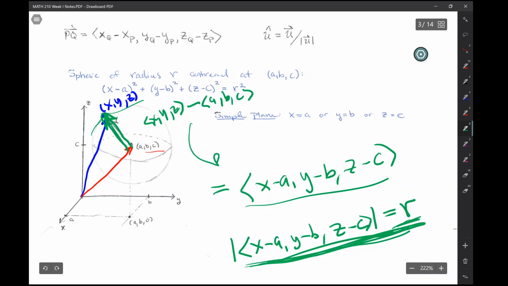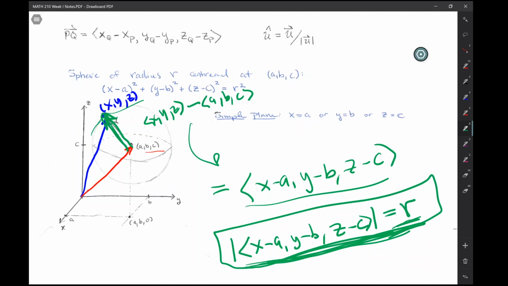So this equation here is what gives us the sphere. And this equation here is just what you see above here, but square rooted. Okay? So that's that equation there. You would get it by just square rooting the above, and there's no need to take the positive root of both sides. They give you the same exact set, which is the sphere.